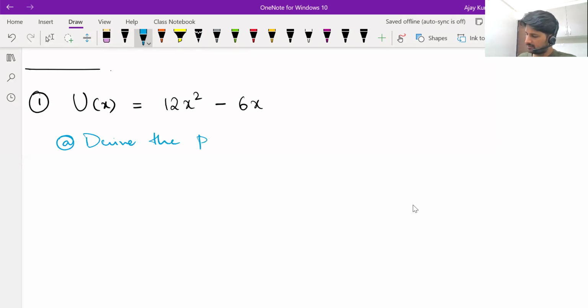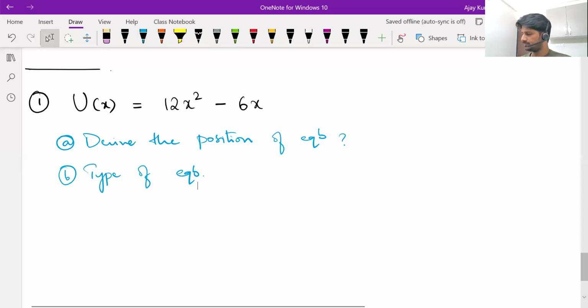Derive the position of equilibrium, means at which position can an object be in equilibrium. And then check whether it is stable equilibrium, unstable equilibrium, or neutral equilibrium. So you have to find out the type of equilibrium. Try this, all of you.